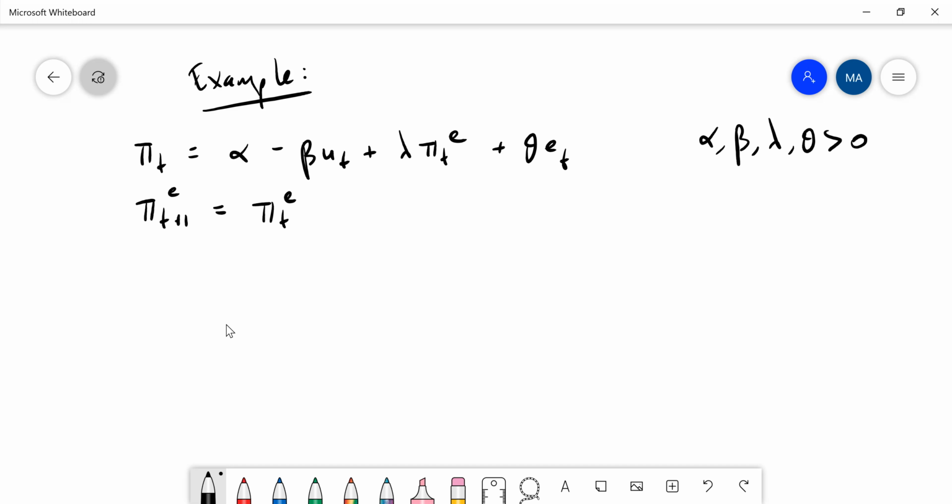It is positively related with inflation expectations. So this is the expected inflation rate. And E here is the exchange rate, or depreciation of the exchange rate if you want to look at the model in terms of changes. It doesn't really matter.